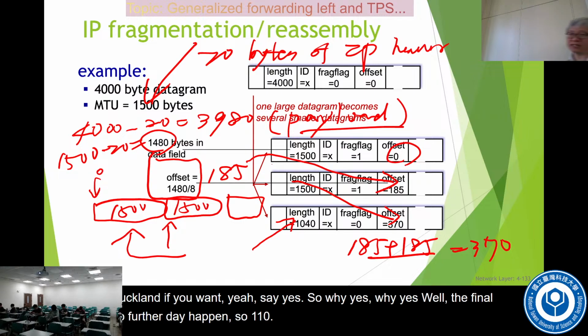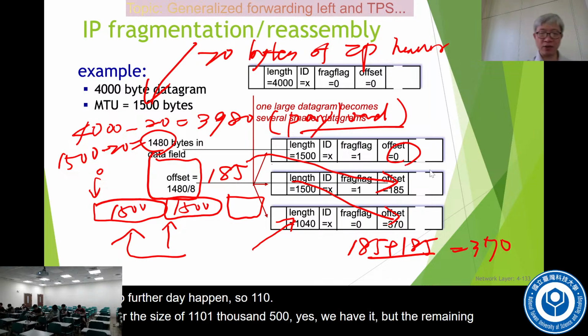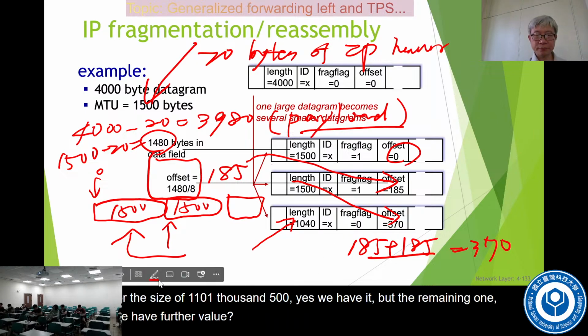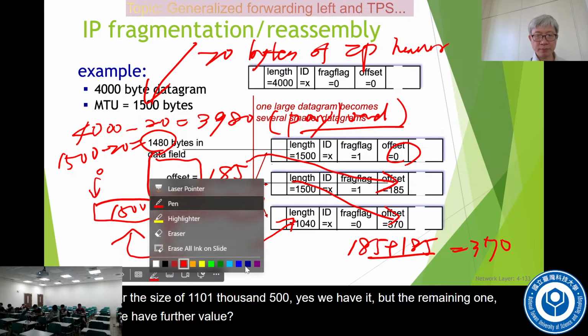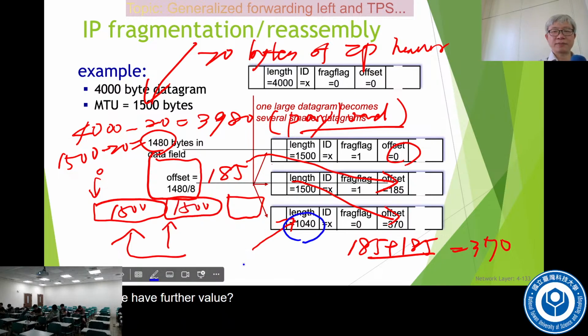And for the size, 1,500, yes, we have it, but for the remaining one, why? I want to ask you to check these.